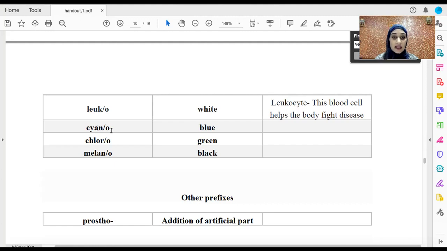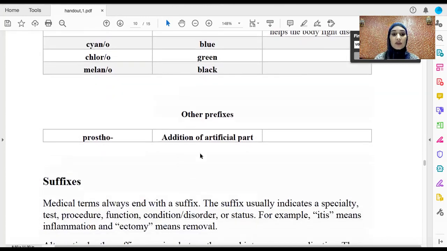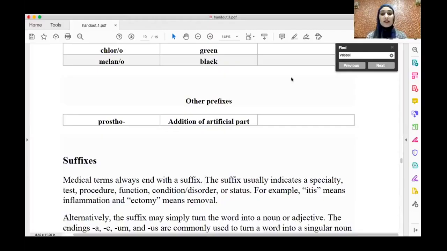We have cyano means blue, chloro means green, and melano means black. Other prefixes, like pro, mean addition of an artificial part. This is about the prefixes. As we said, prefixes are related to color, size, level, and so on.